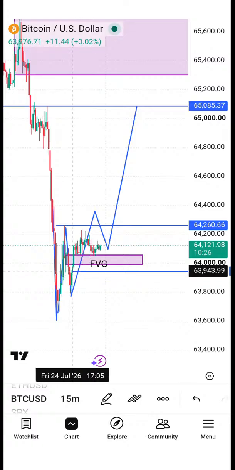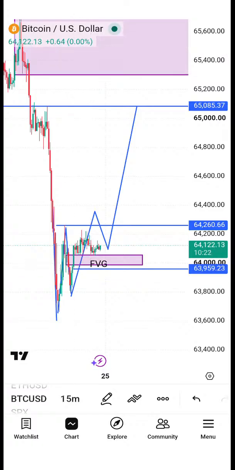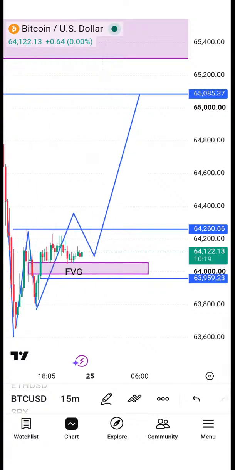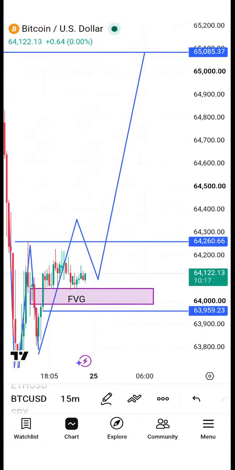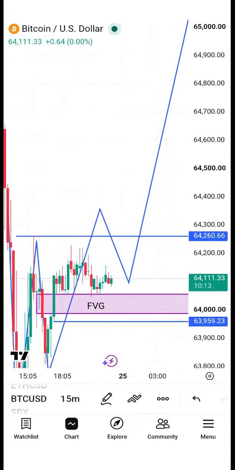See, it should be right below this area. For now, let's just wait, guys. Let's just watch what the market is doing.